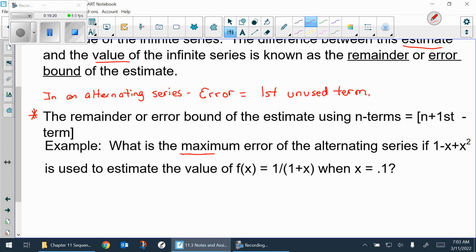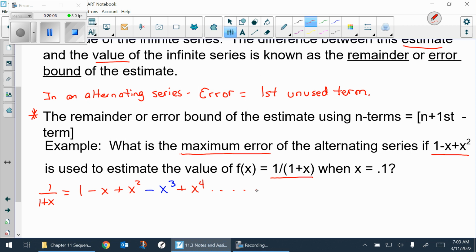So, what is the maximum error of the alternating series used to estimate the value of 1 over 1 plus x? Now that's geometric, right? And r is negative x, and so we know that 1 over 1 plus x, we've done this geometric series, is 1 minus x plus x squared minus x to the third plus x to the fourth, and on and on and on.